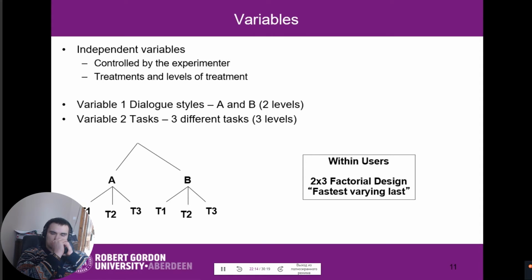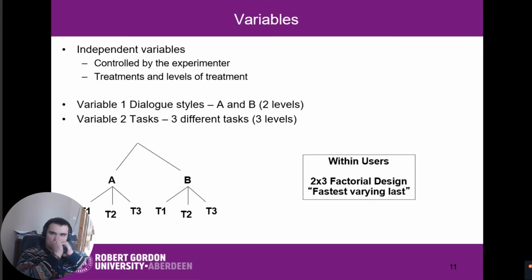Now, these things that you're doing, these are the independent variables. These are controlled by the experimenter, you, and basically you are looking at what would be traditionally called a treatment.